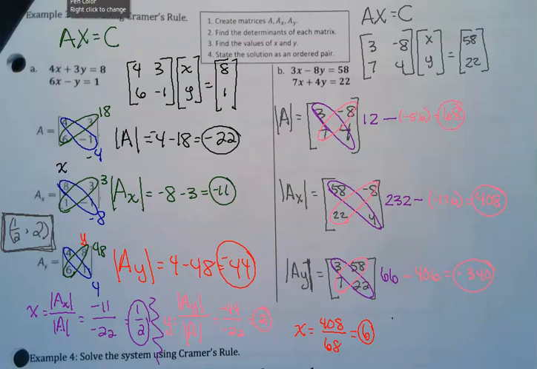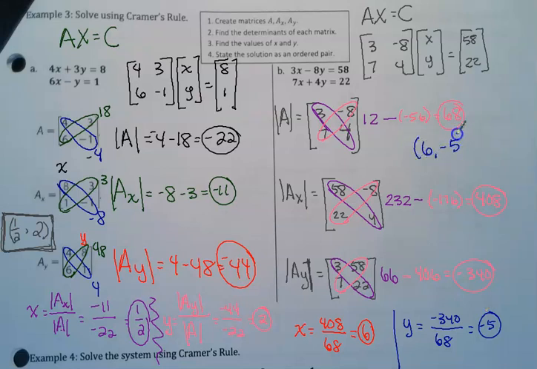And how about our y? y is going to be the determinant of A sub y, which is -340, divided by the determinant of A, which is 68. So -340 divided by 68 equals -5. So the solution to this system is 6, -5. That is the solution.